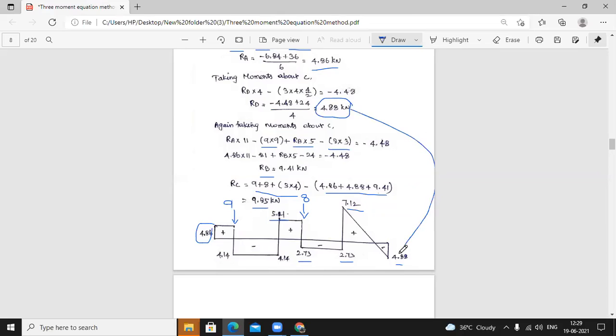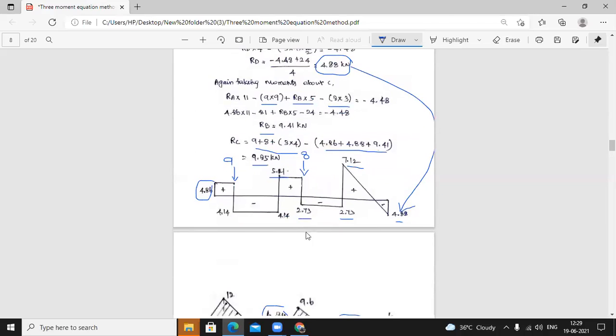So the same value we got. If you're not getting the same value, you did some mistake. If you start from RA and end at RD, you get the same value. That means the reaction at D as per calculation and as per the diagram will both be the same. If you're not getting it, you did some mistake.